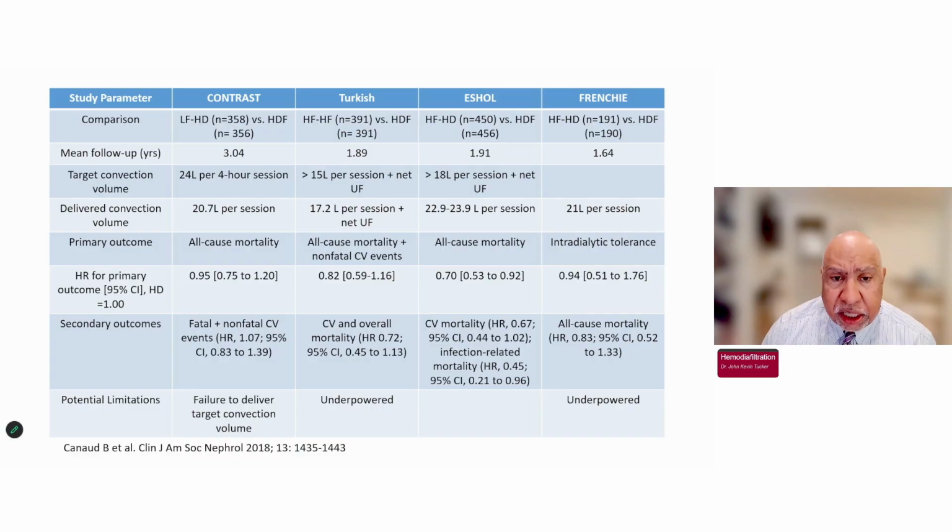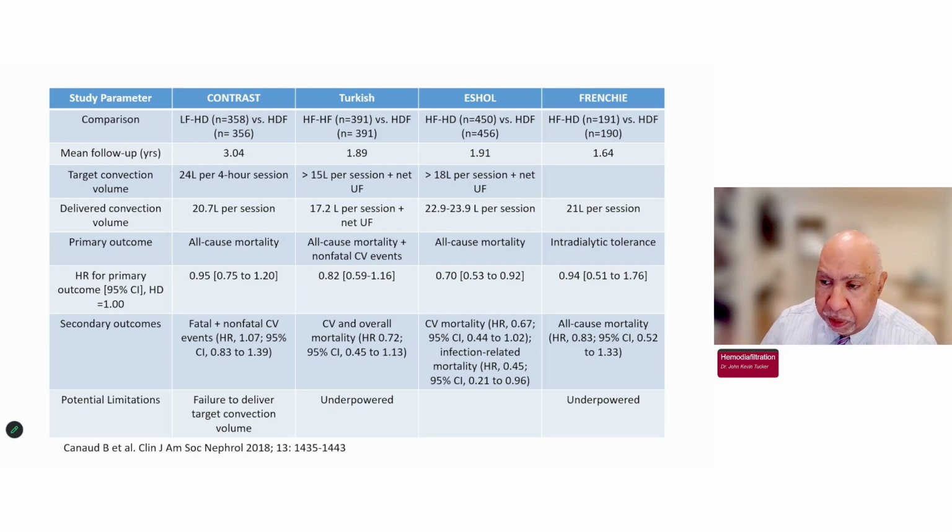So to summarize these four trials, you can see that there was the CONTRAST study, which is the first one that we looked at, mean follow-up of 3 years. The target convection volume was 24 liters per 4-hour session. Delivered convection volume was 20.7 liters per session. There were very few patients who actually were able to achieve that target convection volume.